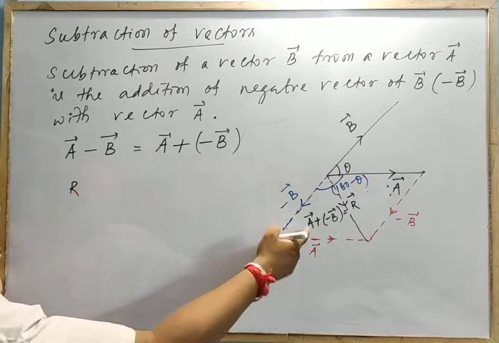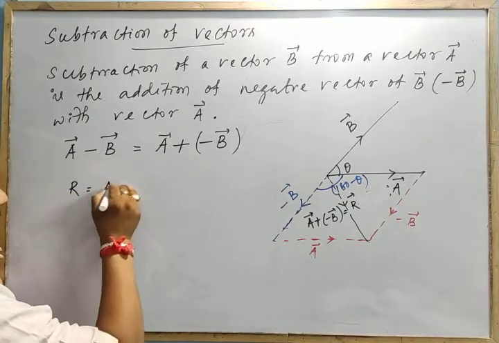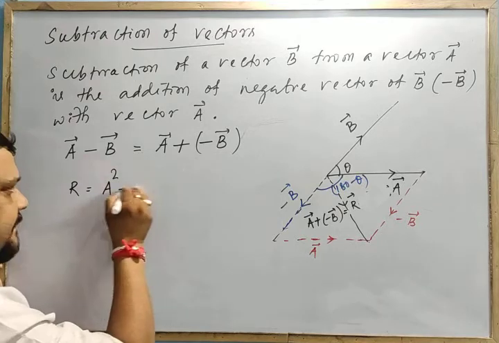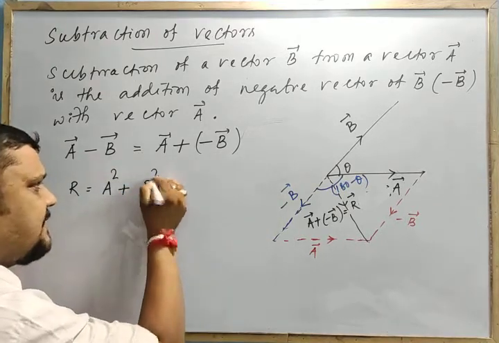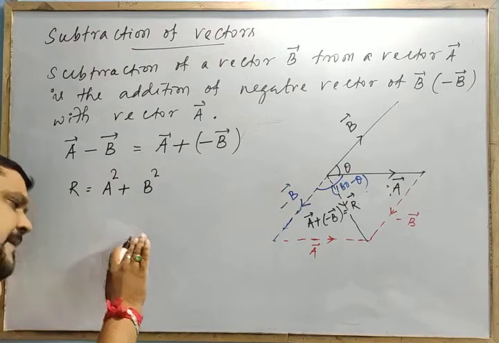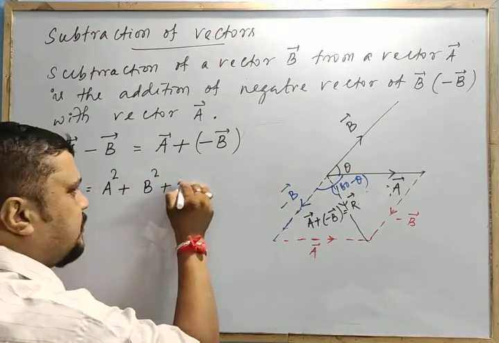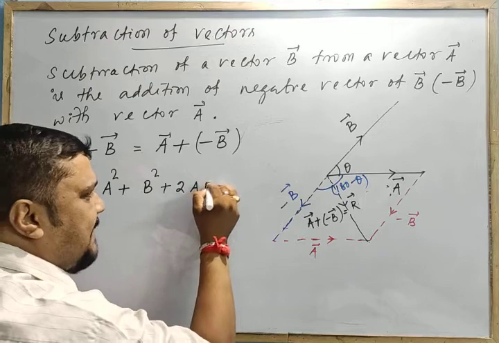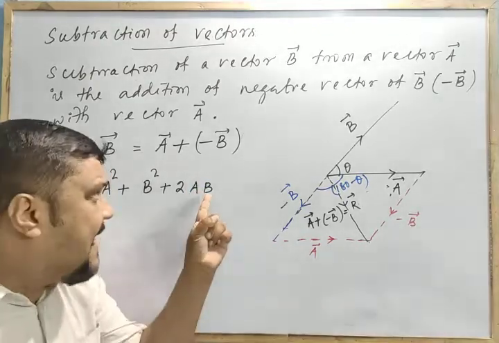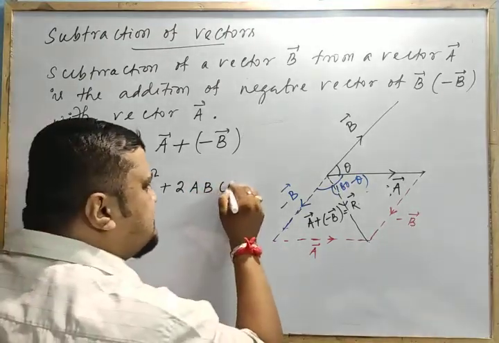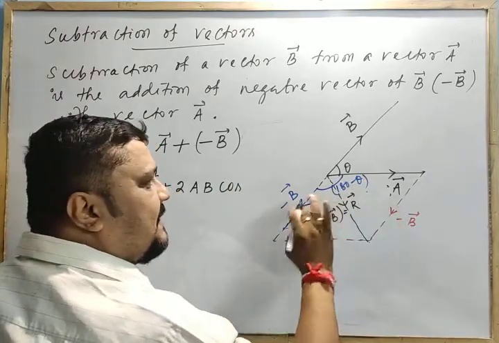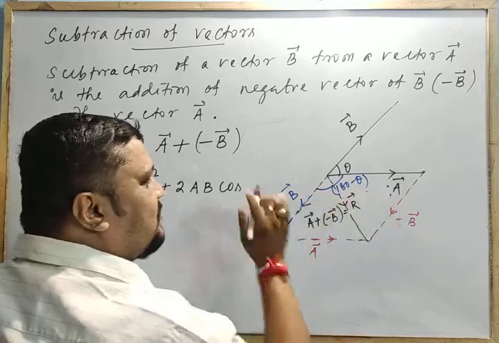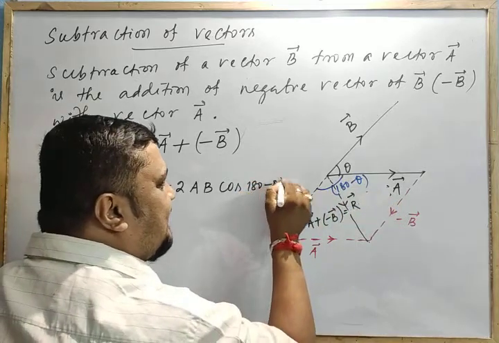In subtraction, magnitude of R is the square root of A square plus B square, the magnitude of minus B being the same B square, plus 2 times magnitude of A, magnitude of B, cos of the angle between A and minus B. What is the angle between these two? 180 minus theta.